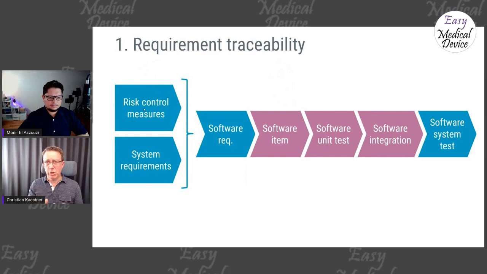If you want to be really good at requirement traceability, I think you should expand it beyond what you see in 62304 and really have the full chain. So you have requirements moving into software items, you have unit tests associated and software integration tests before you then finally hit the software system test.